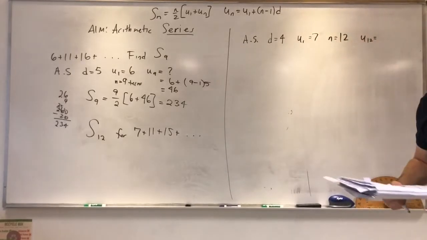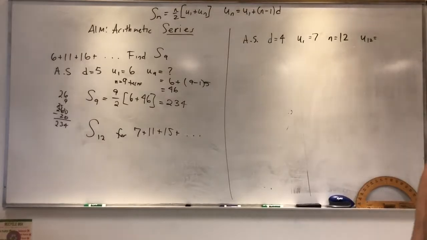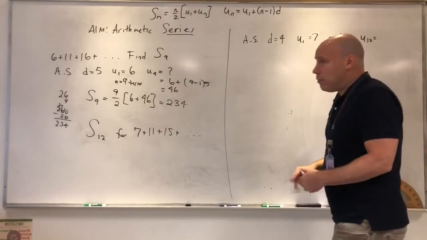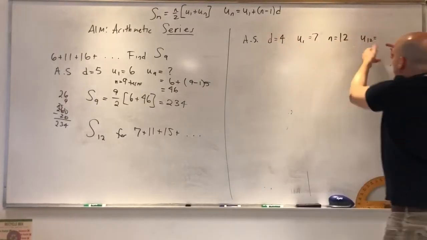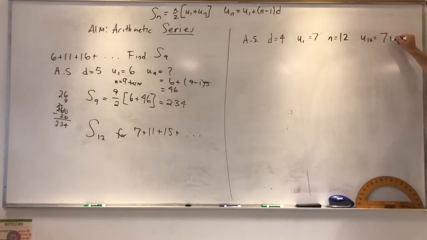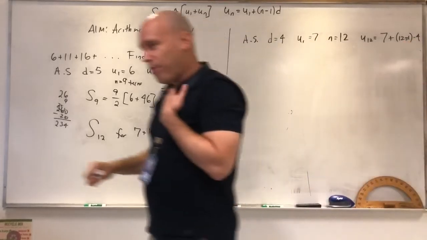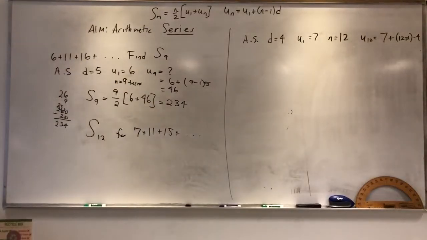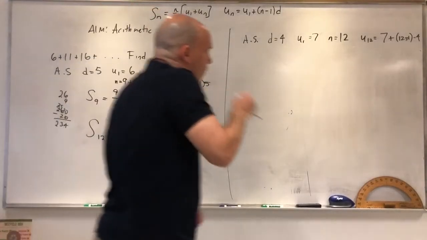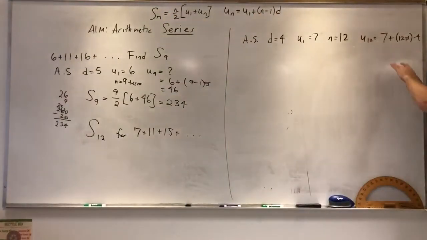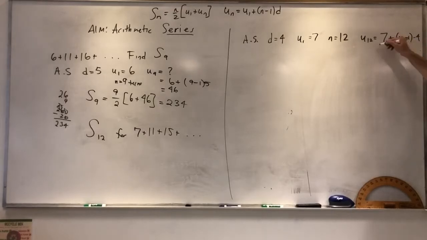Well, I don't have it. How can I figure it out? Use the formula. It's 7 plus 12 minus 1 times 4. 11 times 4 is 44, plus 7 is 51.